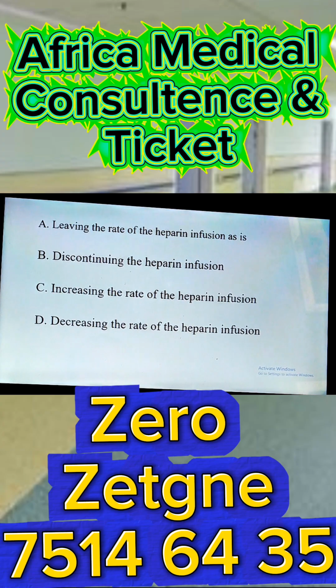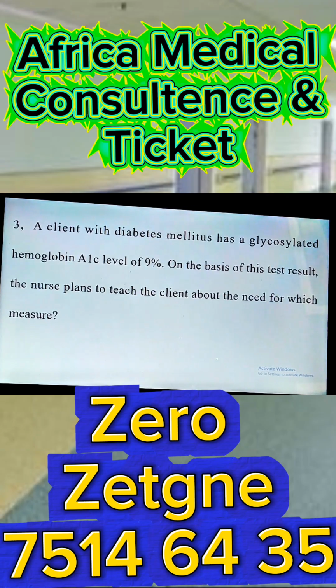So the correct answer for question number 2 is A. Leaving the rate of heparin infusion as is. Question number 3. A client with diabetes mellitus has a glycosylated hemoglobin A1C level of 9%.